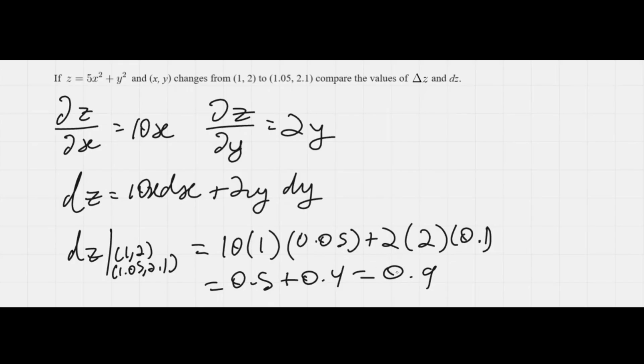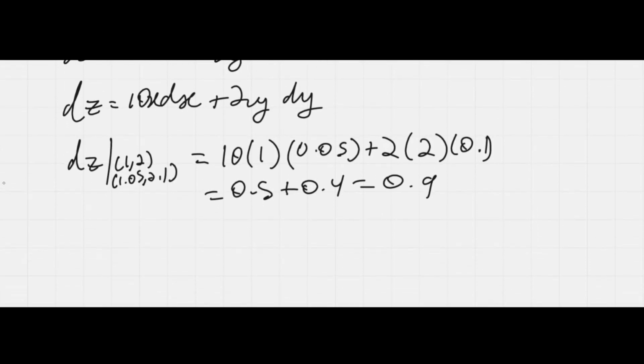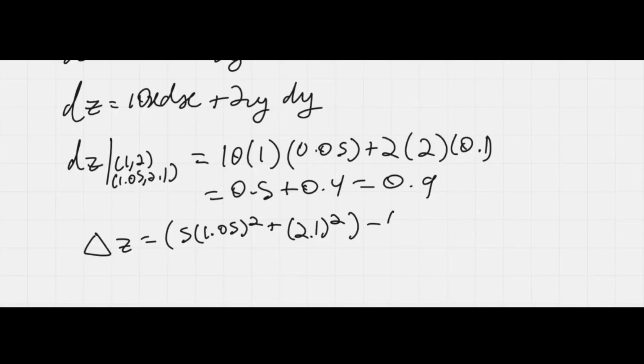We're not going to box that because we're not done yet, because now we have to find the change in z and compare those two values. Given that z is equal to 5x squared plus y squared, the change in z is simply going to be equal to 5 times 1.05 squared plus 2.1 squared, minus 5 times 1 squared plus 2 squared.